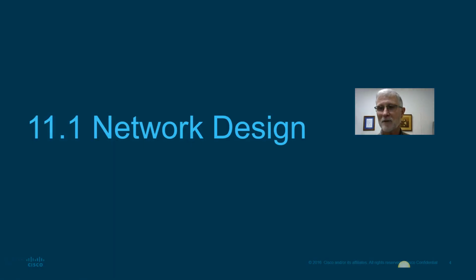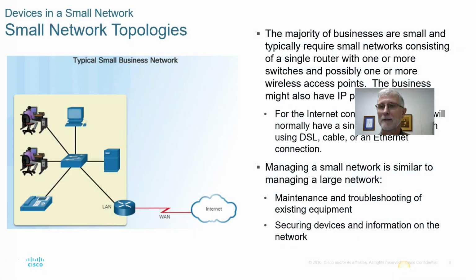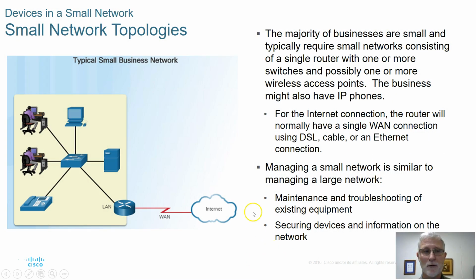So let's look at network design, some of the key features you need to think about when you're designing a network. Now, typically what we're doing in this class is looking only at the small office configuration, but some of these same things apply both for small and larger networks. So usually a small network basically has what?